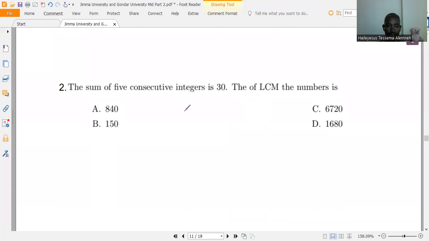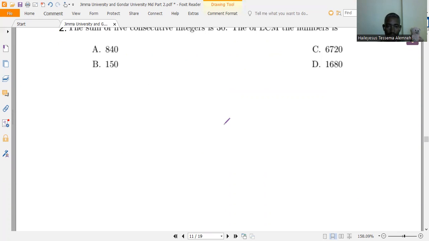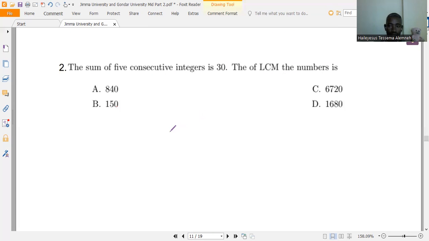የሚቀጥለው ጥያቄ the sum of 5 consecutive integers is 30. Then the LCM of the numbers is what? አዲስ በጣም ደስ የሚል ጥያቄ ነው። ይሄም እንደምታዩት በጣም ደስ የሚል ጥያቄ ነው። The sum of 5 consecutive integers is 30 and the LCM is how much?